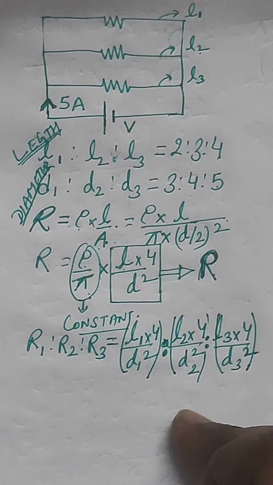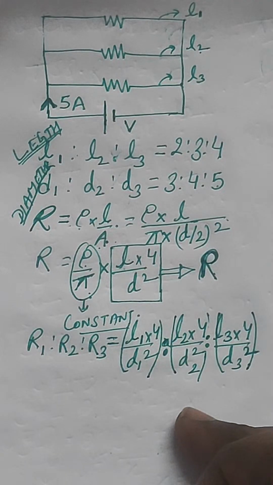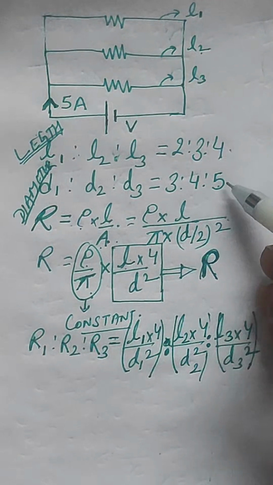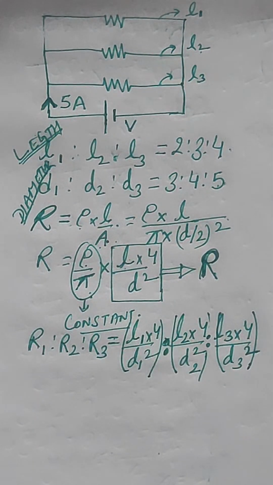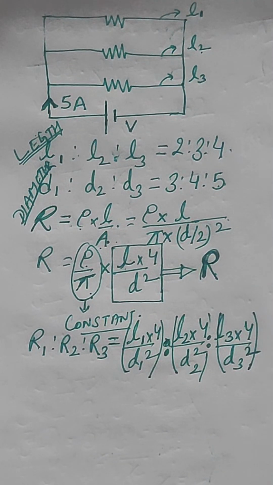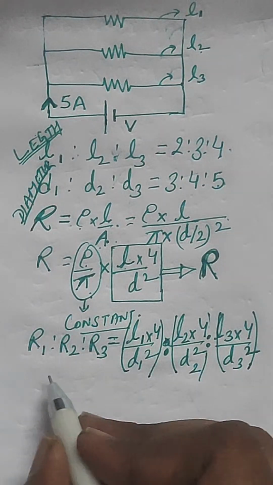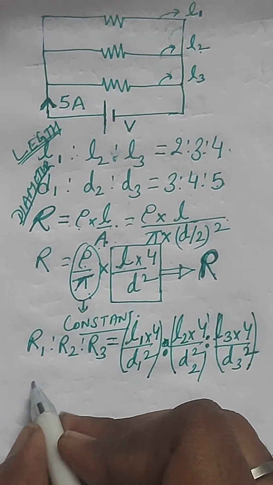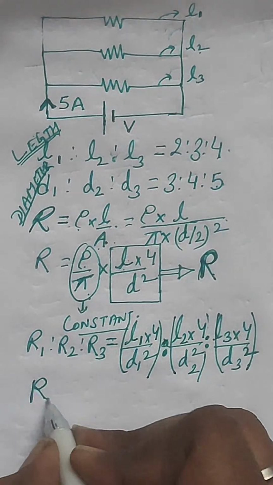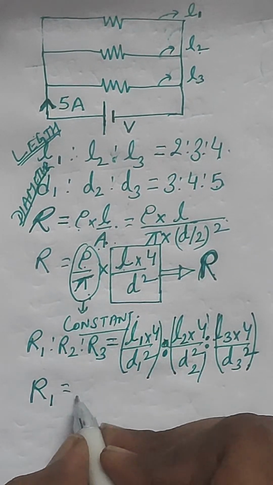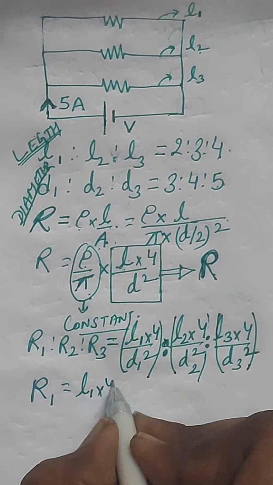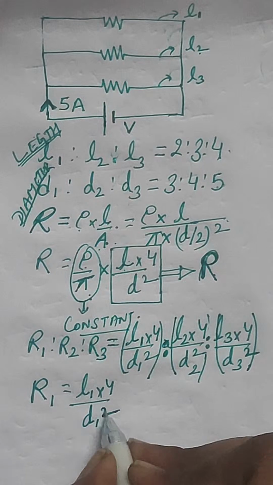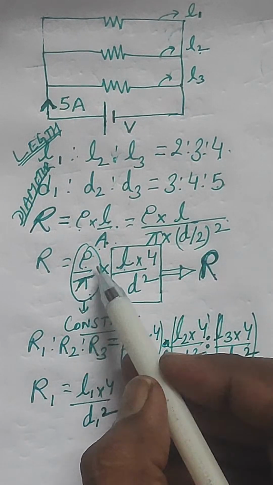Now coming directly to the question. Here the ratio of L and D is given to you, so just the ratio of R1, R2 and R3 is needed. So we just find out the value of R1. R1 is nothing but L1 into 4 by D1 square, leaving the constant terms.